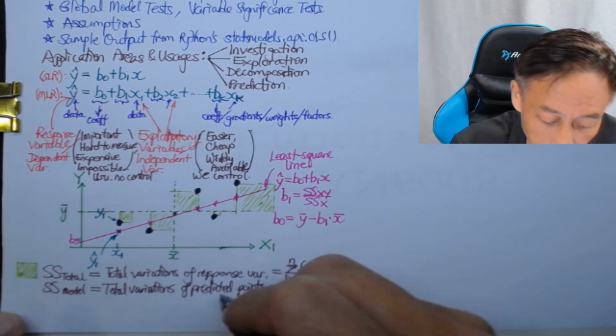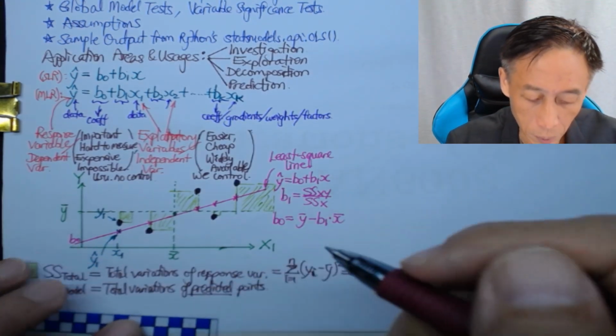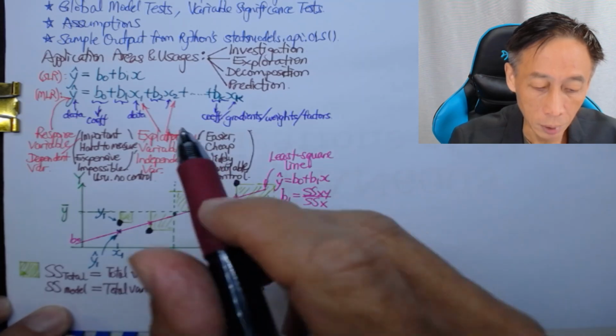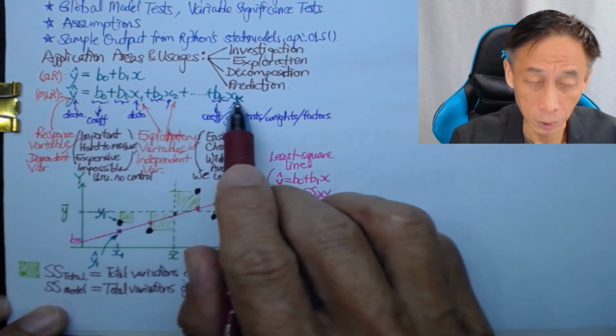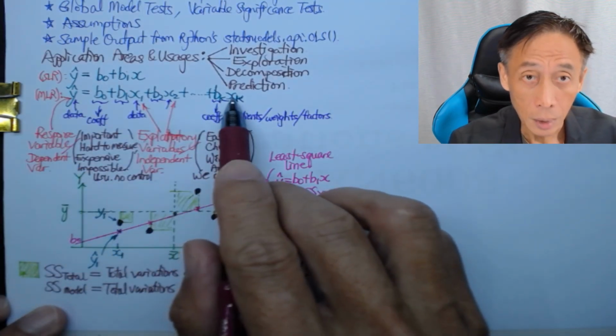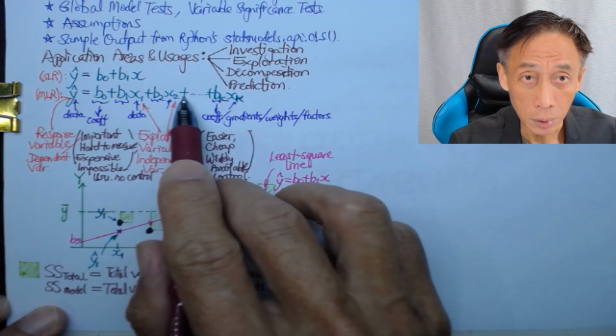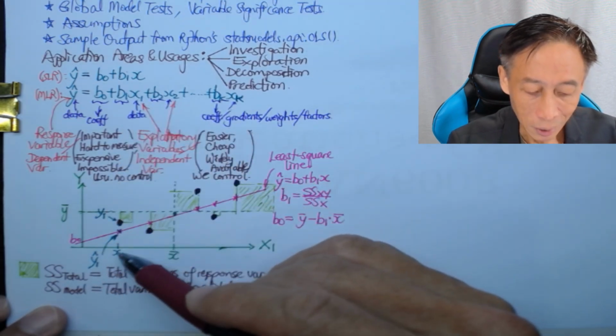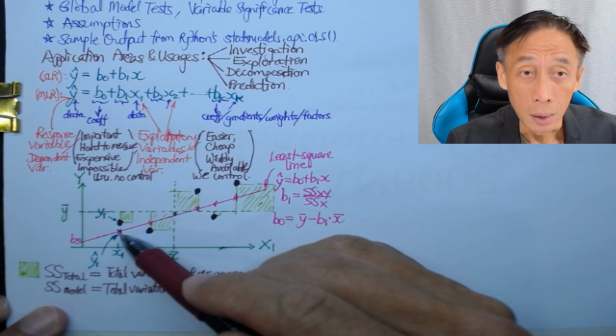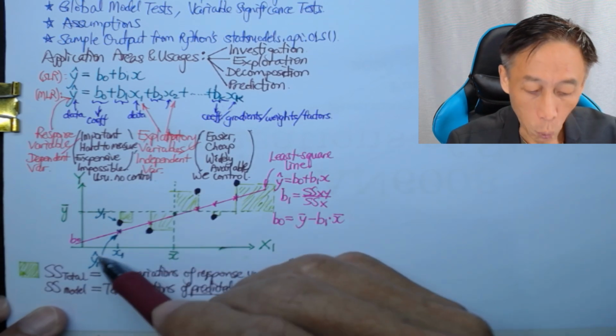Of course, prediction comes from the model, right? So the SS model. Which one is the model? This one. So this one is the model, right? So with this model, when we plug in the X, we get a prediction. So this is the Y hat.